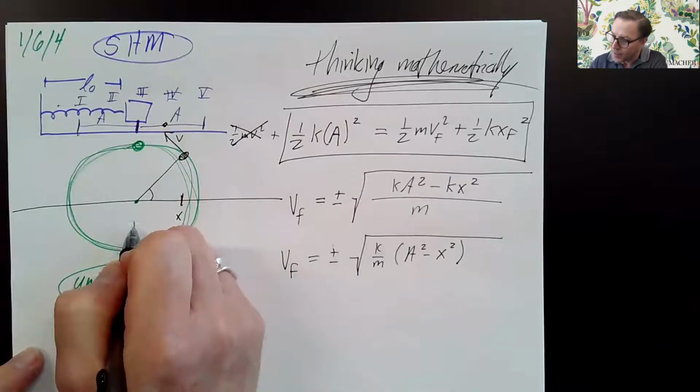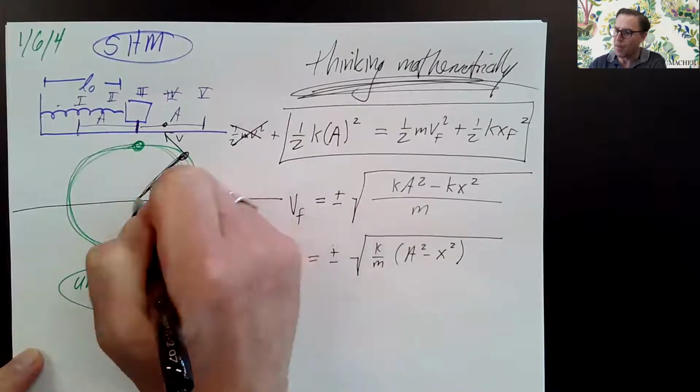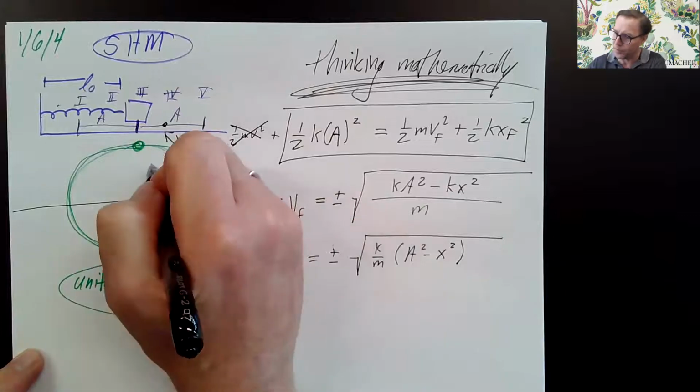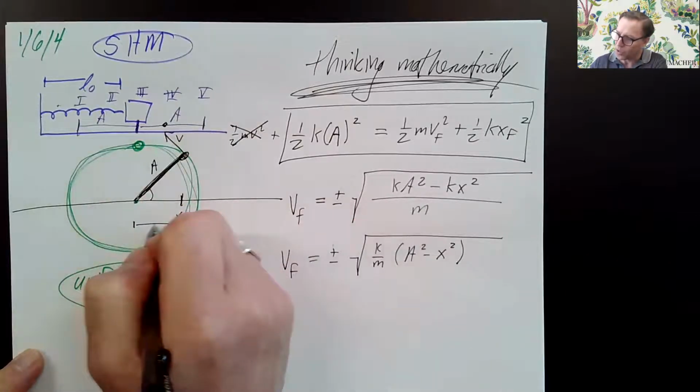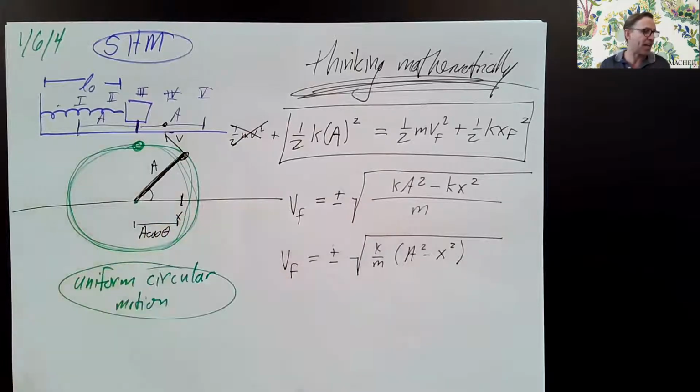And in fact, this distance is, I might want to call this R for the radius, but do you see that the radius is also A, the amplitude? Do you see that this horizontal distance is A times the cosine of theta?